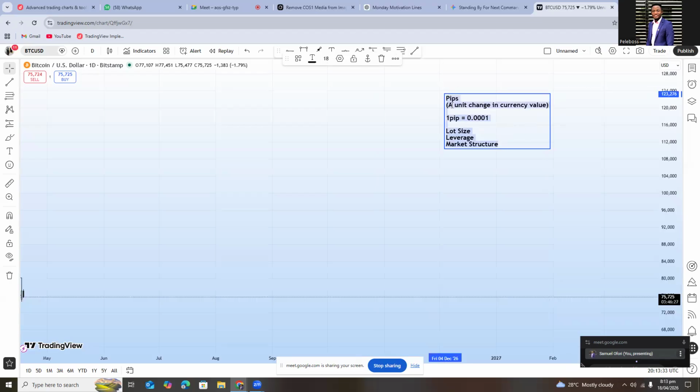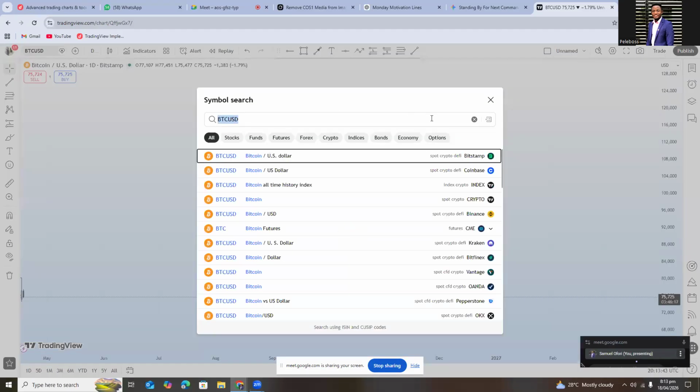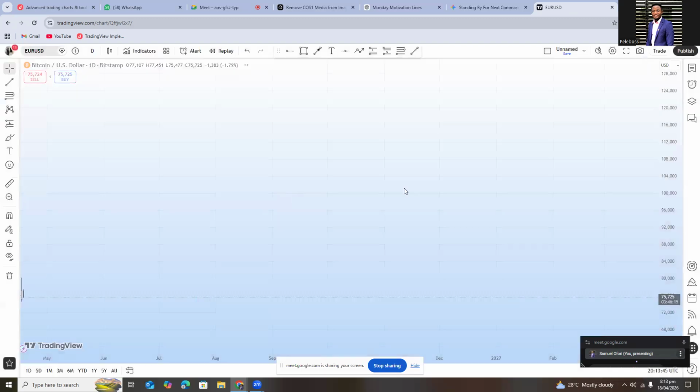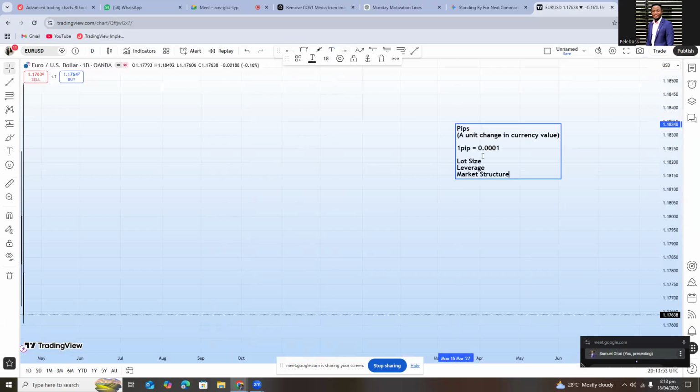Let me copy this. I want us to look at Euro USD so that the explanation will be very easy for us. Right, so a pip is equal to 0.0001.